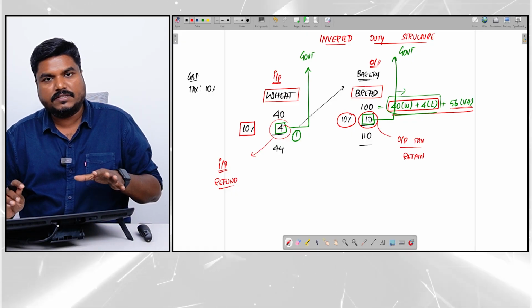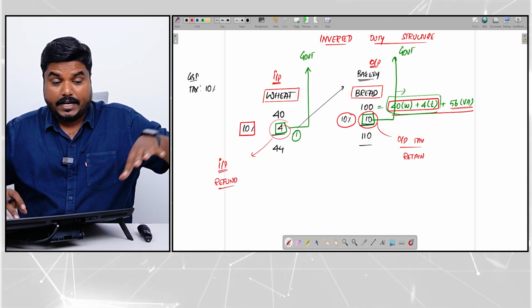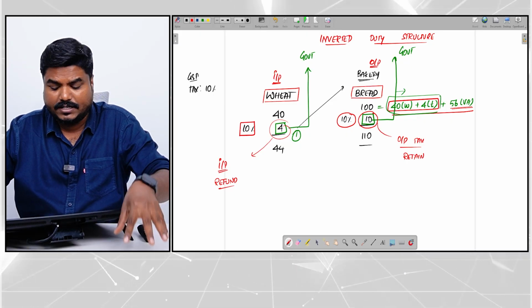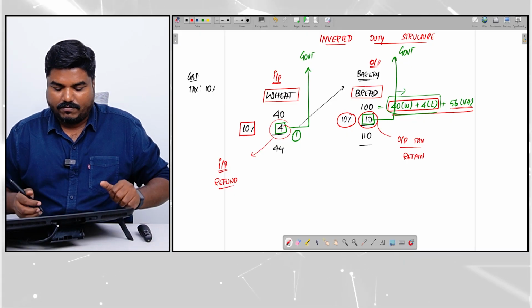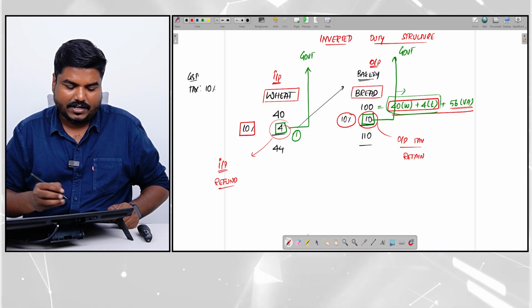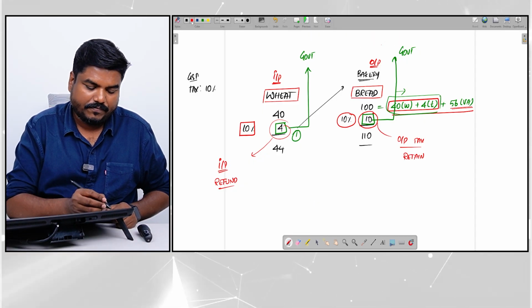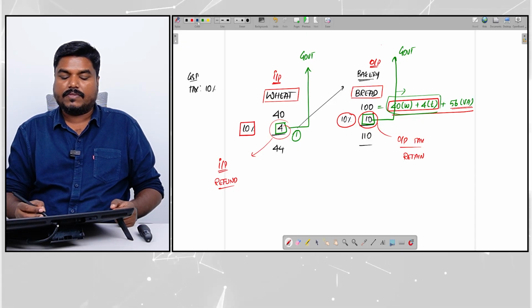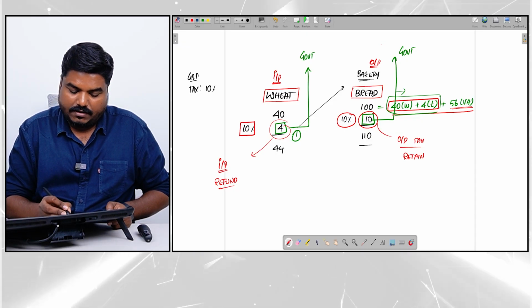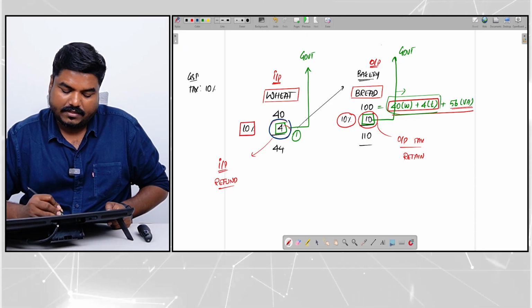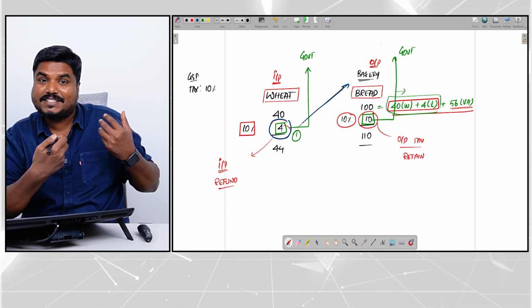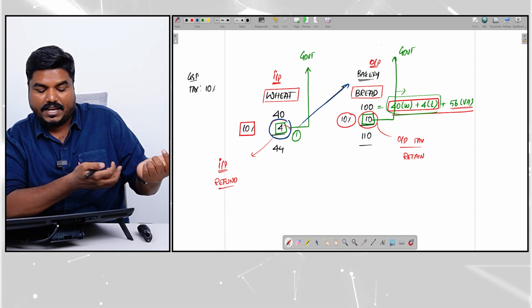This is the concept. But in practical, in real time, how it will work, I'll tell you. Listen very carefully. So this is the input tax, 4 rupees. Who has paid? The bakery has paid, because the bakery has purchased the wheat.